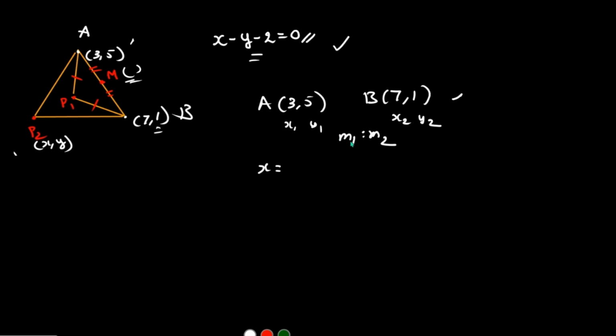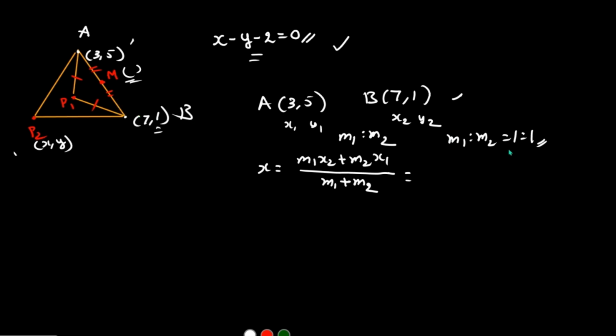It is m1 x2 plus m2 x1 divided by m1 plus m2, okay? Now we know that midpoint means m1 is to m2 must be 1 is to 1, right? Then only you can have the midpoint, right?